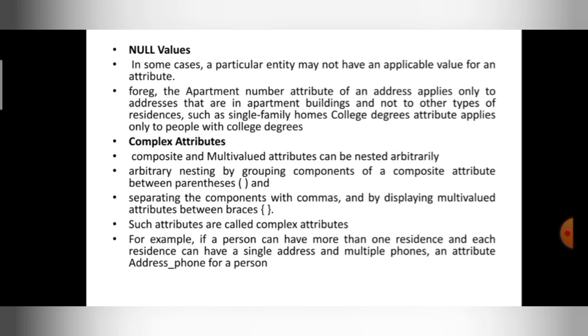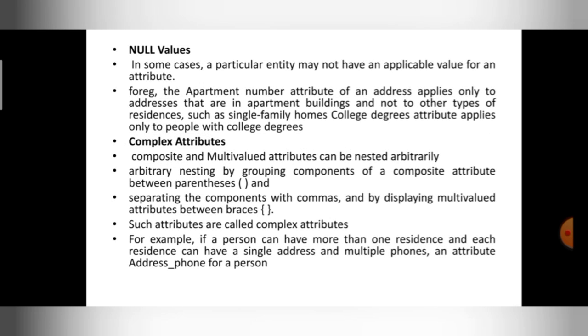Phone number is a multi-valued attribute because a person can have two or more phone numbers. That's why the multi-valued attribute will be included within the braces, and the composite attribute, that is area code and phone number, within the parentheses. Hope you are understanding, guys.